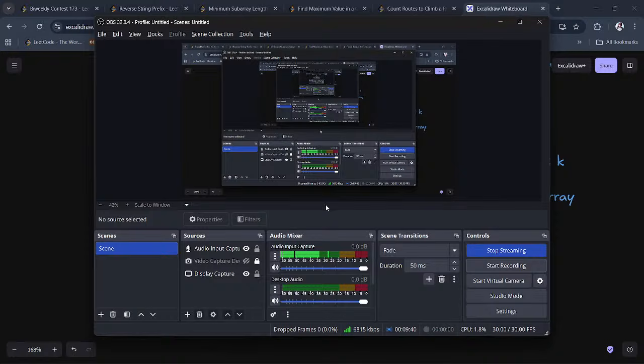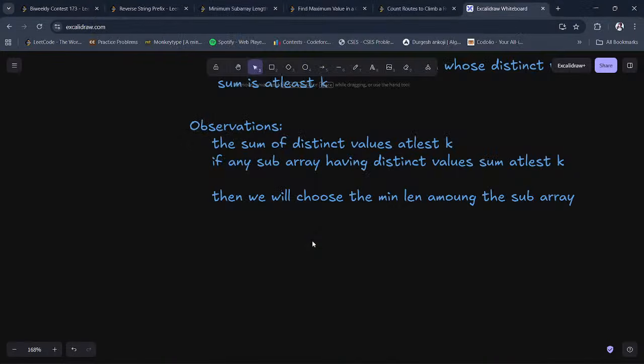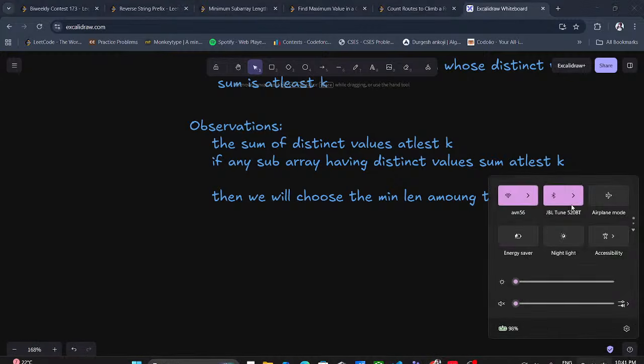Why are you guys facing echo? Let me reconnect.